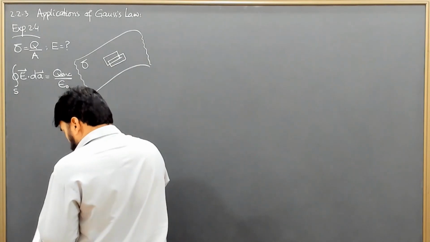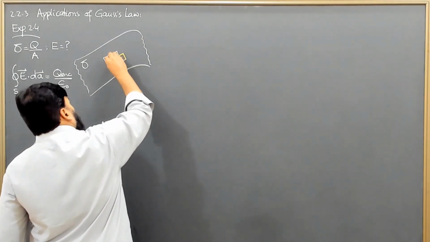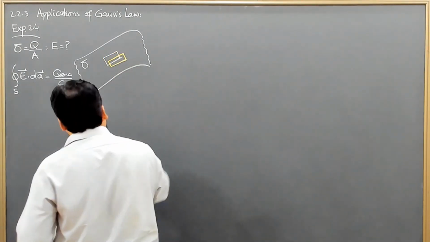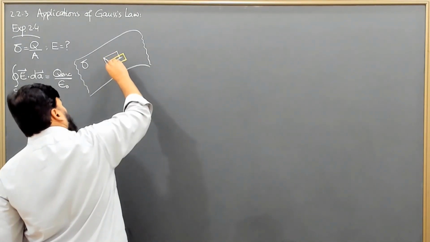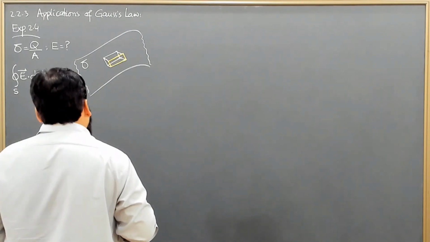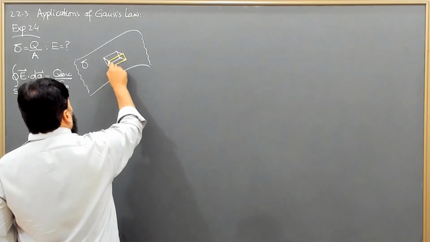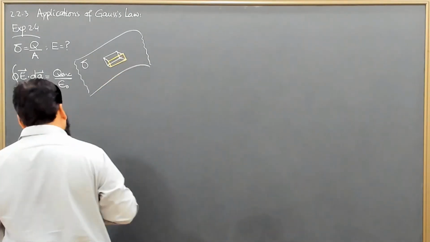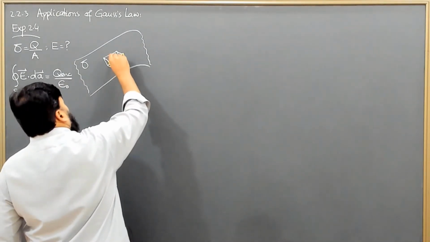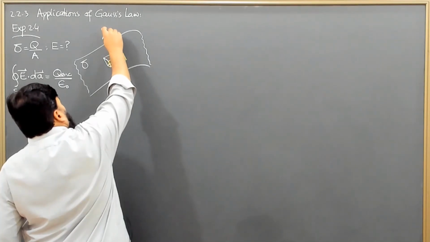And let me show it with a different color here. So this box is halfway up and halfway down on this sheet. This is kind of a pillbox, and it is basically cutting the sheet at the halfway point, so it is above and below the sheet.